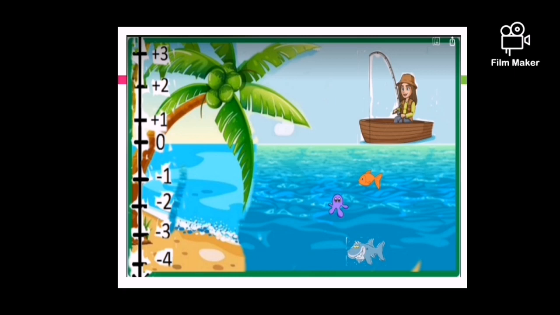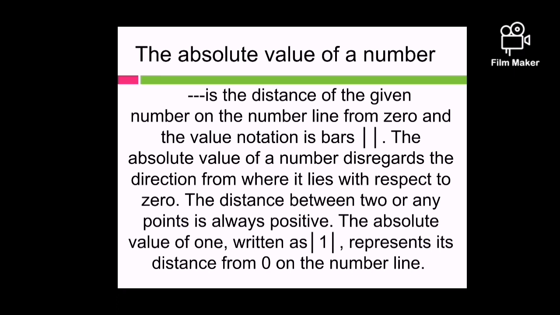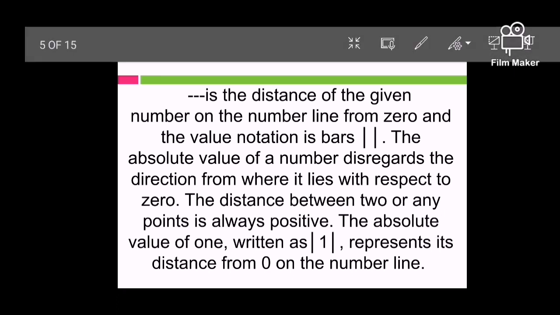This figure has something to do with the absolute value of a number. The absolute value of a number is the distance of the given number on the number line from 0, and the notation is bars.